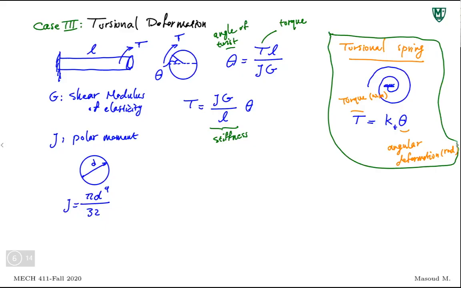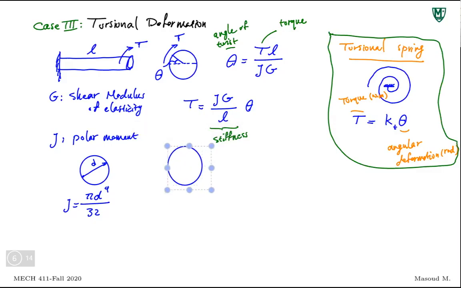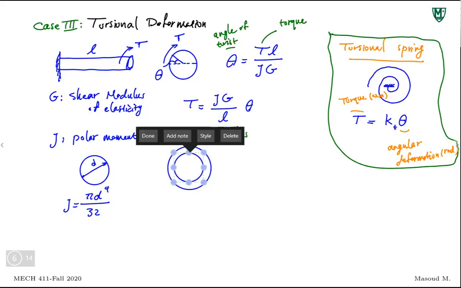Now, let's take it a little further. What if we have a hollow shaft, something like this? I barely remember this, but you guys probably deal with it more often than I do, so let's just make sure it's there.